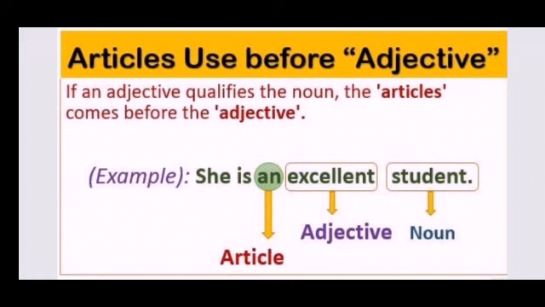When we have an adjective before the noun, we keep the article before the adjective. Where did we keep the article here? Yes, before excellent, not before student. This is the usage of articles before the adjective.